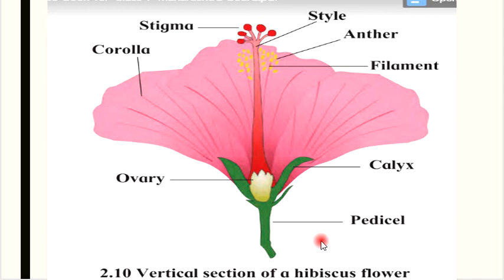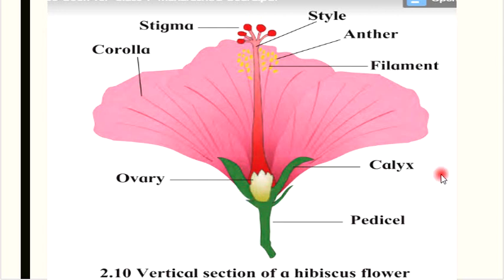It may be long or short. One end of it is attached to the stem. Then we have a receptacle. The end of the pedicel, which is attached to the flower, is enlarged and swollen. This is called the receptacle.